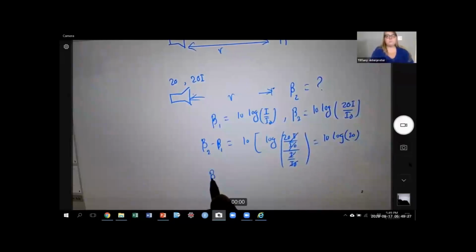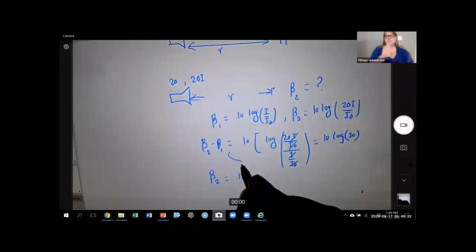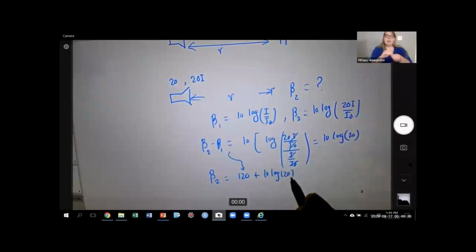So beta 2 is basically beta 1, which is 120 decibel, given, plus 10 log 20. And first of all, what is log 20? Log 20 is 1.3, and times 10 is 13 decibel. So only 13 decibel increased.